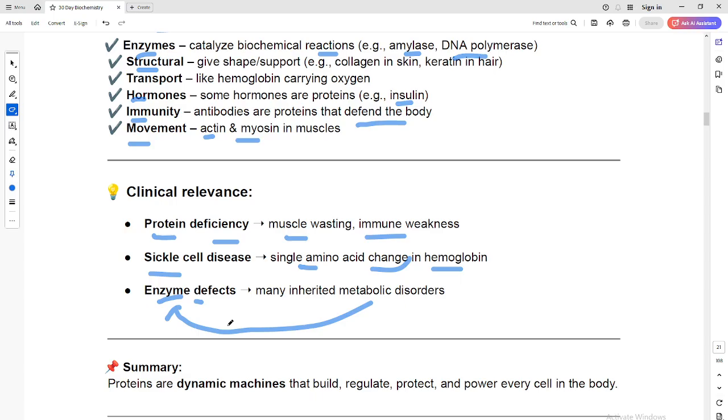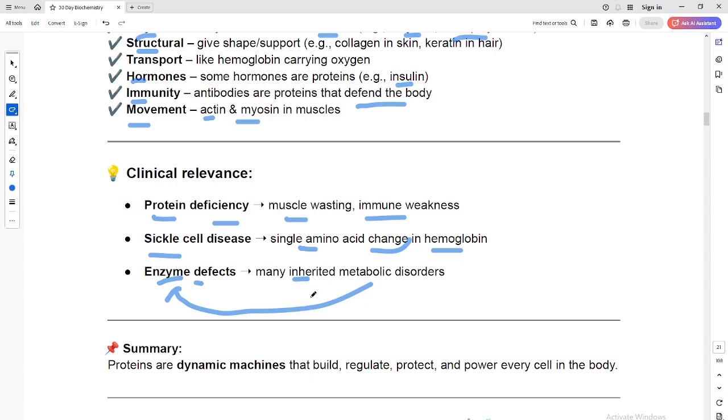If they are defective and can't do their function, these functions will stop, leading to metabolic problems and diseases. These defects may be inherited, so it is a problem in the gene that encodes for this enzyme. So it is inherited from parents to their offspring.